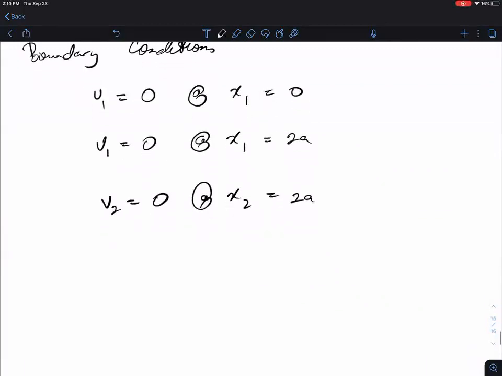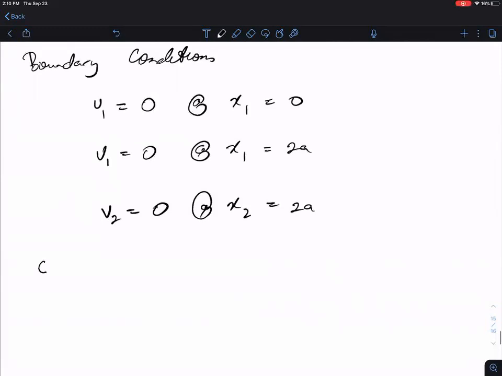And then, as I noted before, we're also going to use a continuity condition. The one we're going to use says that the slope at the roller, based on the two moment functions, has to be the same.